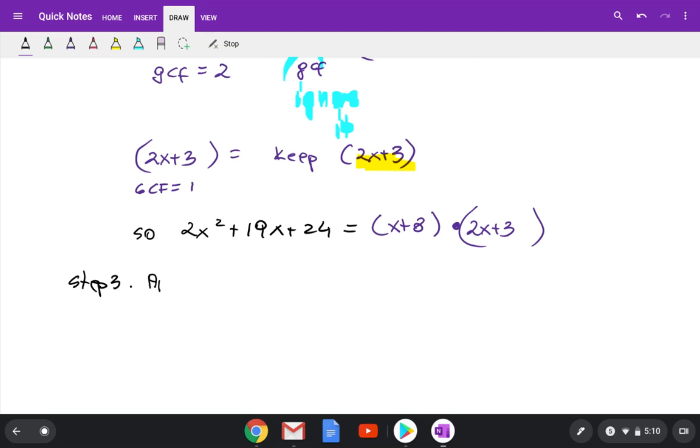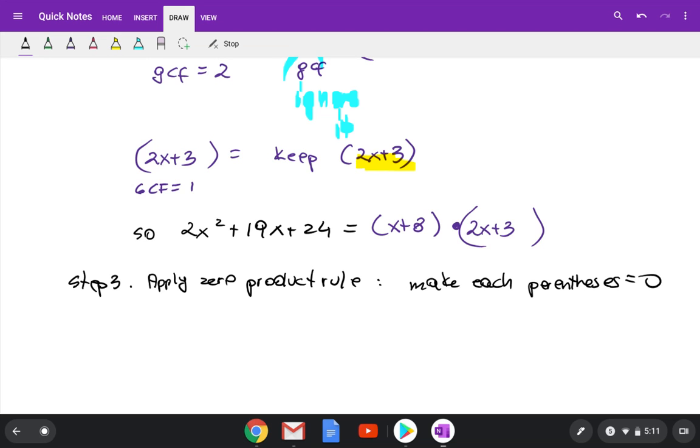Apply the zero product rule. Make each parenthesis equal to 0. So our first parenthesis, x plus 8, make it equal 0 and solve for x.